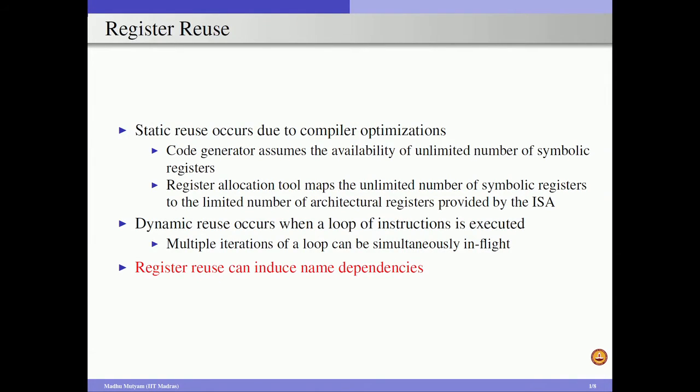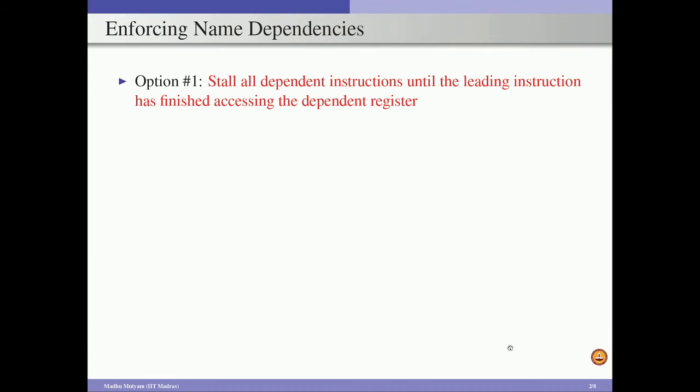So, because of this register reuse, we get name dependencies. Those are output dependencies or anti-dependencies, and we need to take care of these name dependencies in order to improve the overall performance of our superscalar processor.